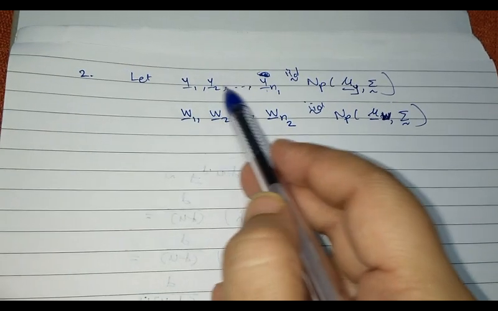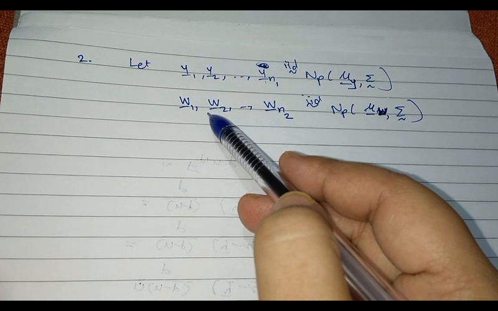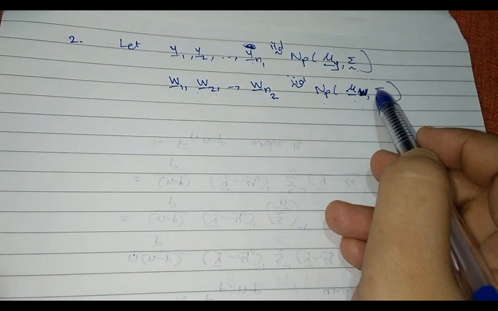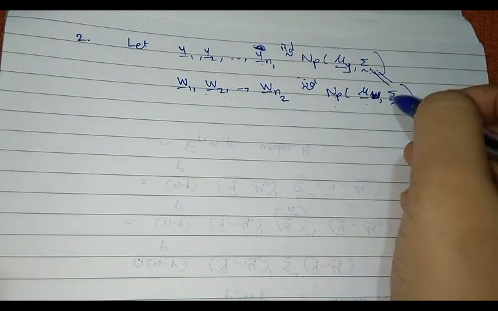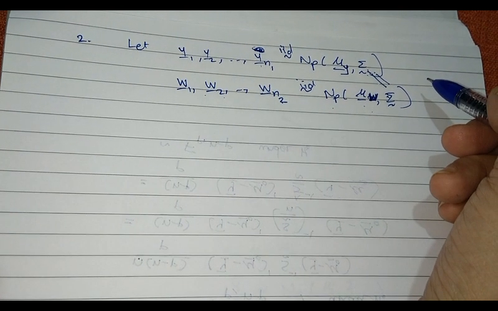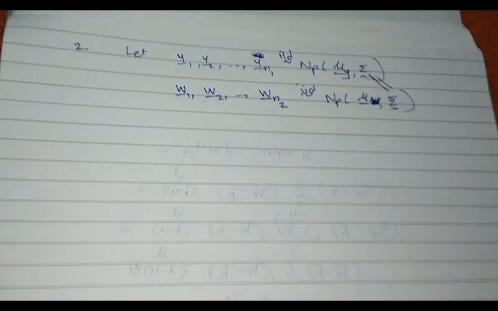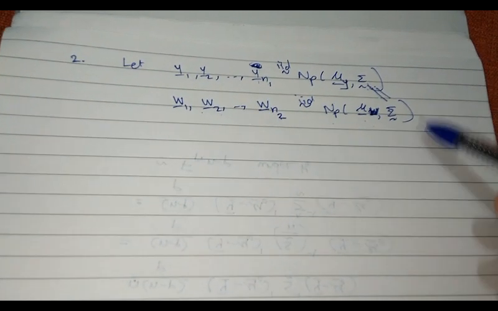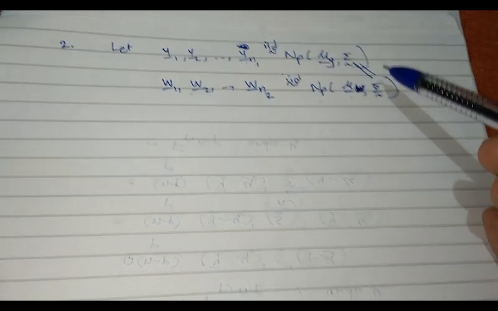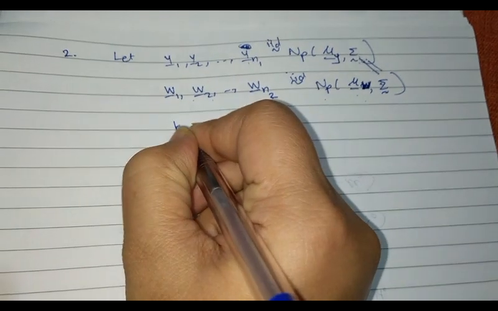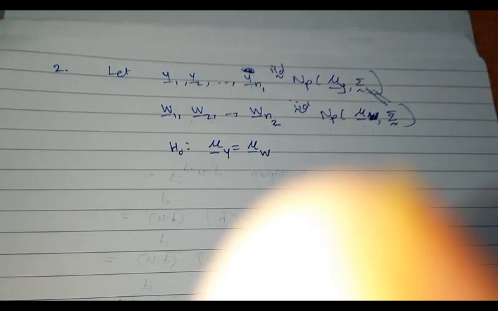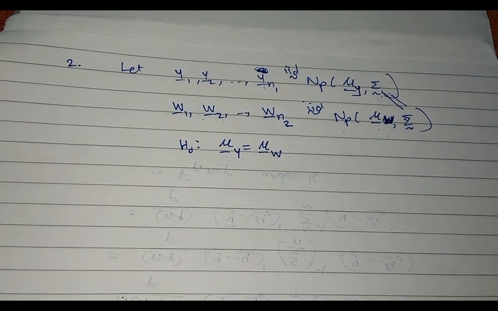Y1, Y2, Yn1 is coming from N_p(mu y, sigma) and W1, W2, Wn2 is coming from N_p(mu w, sigma). The thing to be noted is that sigma is common in both. Even in the univariate setup, in the independent sample t-test, we assume that the two populations have the same variances. Here also we are continuing with that assumption. We will assume that both these sigma are the same. And my H0 is, of course, testing whether mu y is equal to mu w, that is, whether the two populations share the mean.